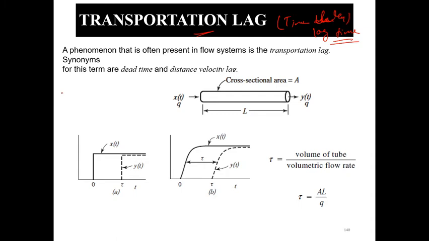Let's say some pipe, and we are going to introduce some input here. Let's say some flow is there, the length of this pipe is L, and the area of cross section of this pipe is A. Let's say this is the flow Q we have provided at t equals 0 at this point.